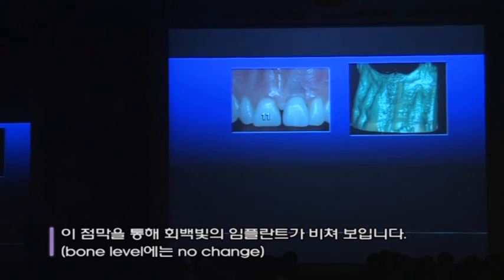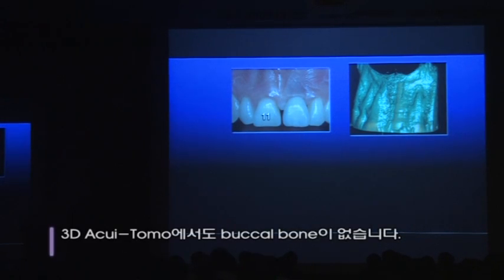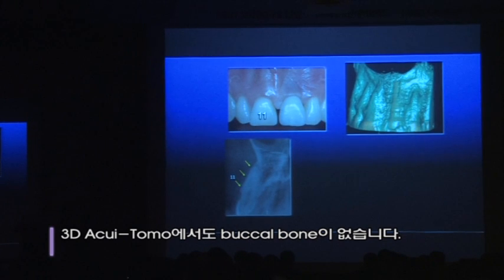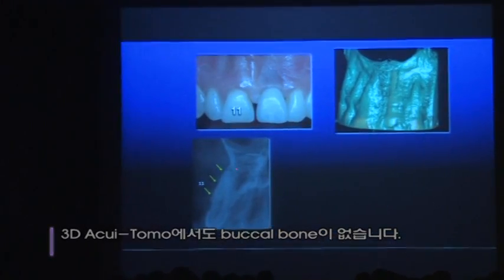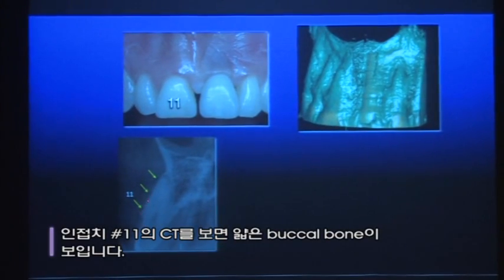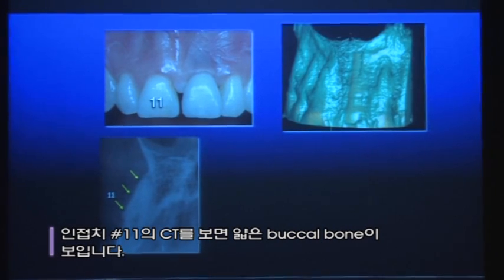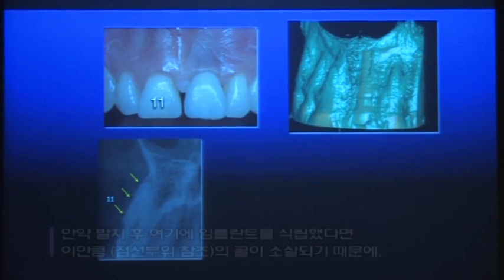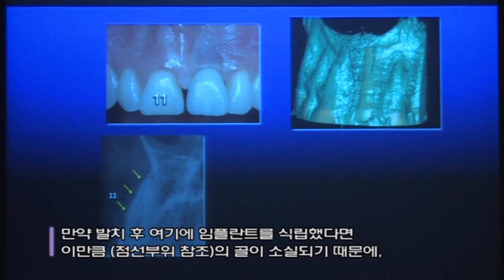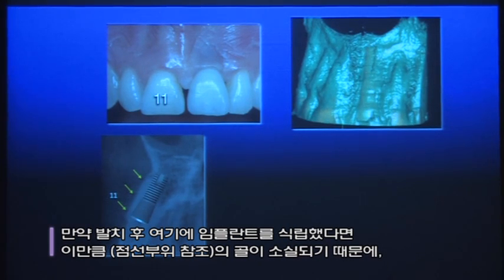So now we go to tooth number 11, which is the neighboring tooth. And we take a CAT scan. Here you have a thin buccal bone plate. Now we remove the tooth. And if we don't know what is going to happen to the buccal bone, if we, in other words, are ignorant, then we place the implant like this.